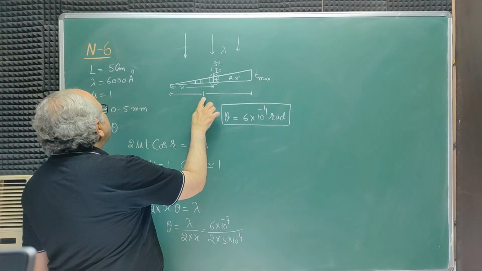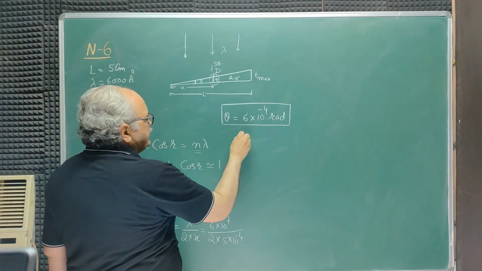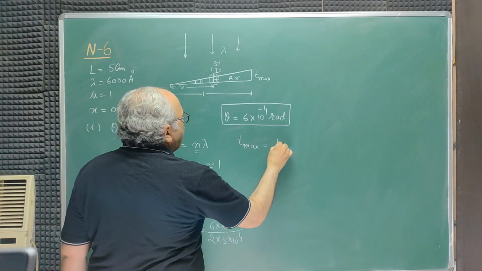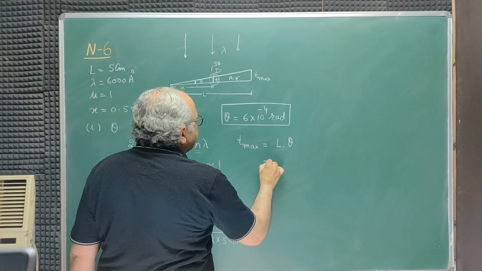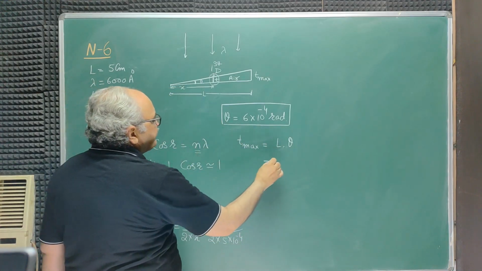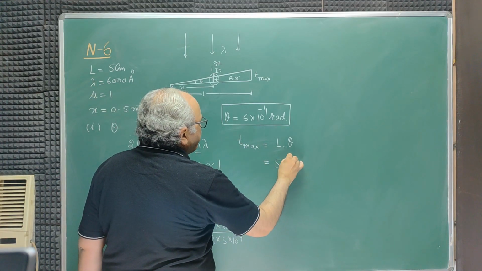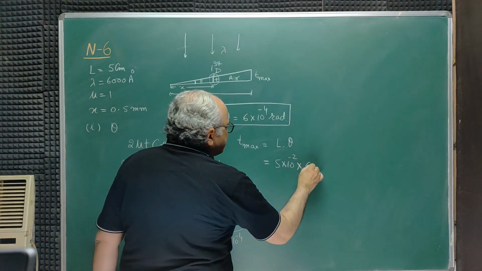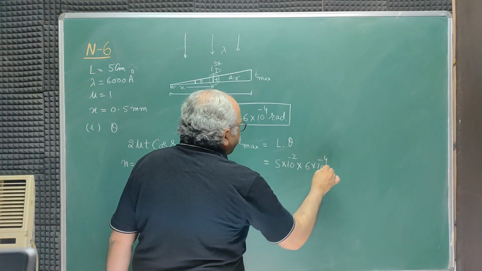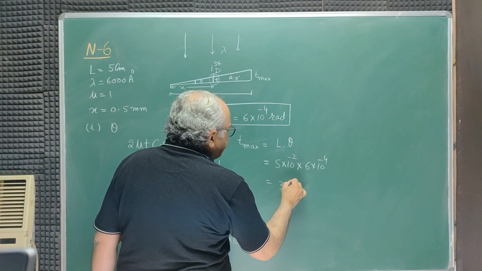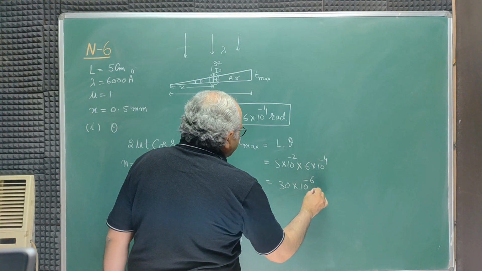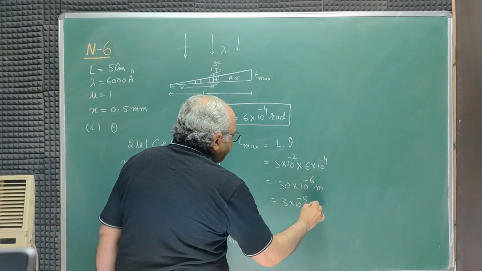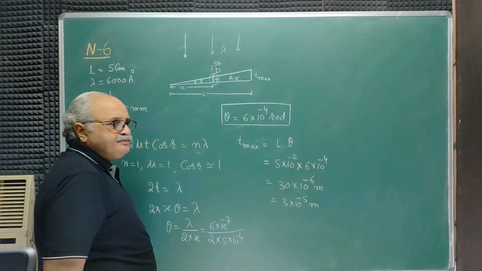Since L given to us is 5 centimeter, T max will be L multiplied by theta, that is 5 into 10 to the power minus 2 times theta, which we already calculated as 6 into 10 to the power minus 4 radian. So this is 30 into 10 to the power minus 6 meter, or 3 into 10 to the power minus 5 of meter.